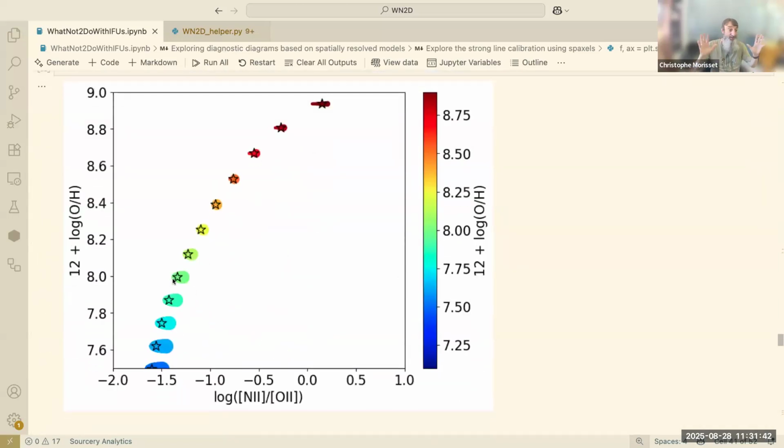Oh, this one is wonderful. Yeah, good. We have a good one. N2 over O2. Okay, that could be a solution because it's low ionization, so there is no effect of ionization in this.